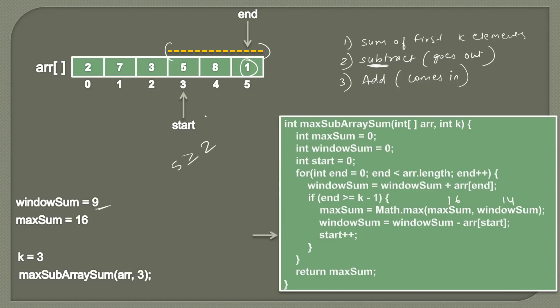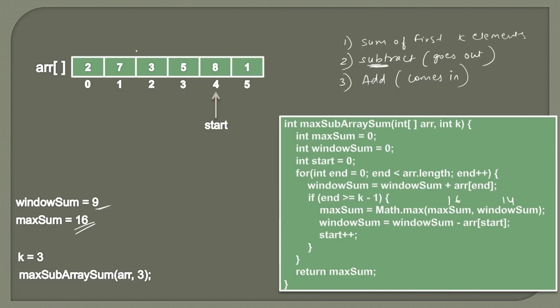We do start plus plus because the next window will start from index 4. But if we do end plus plus, end will go out of the boundaries of this array, which suggests that there is no window of size k left. So this for loop will terminate. At the end we return the max sum as 16, which is our answer.